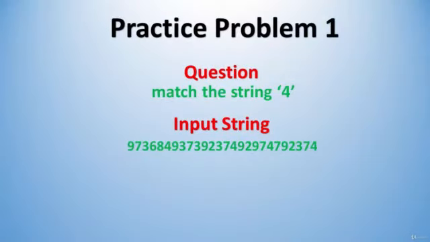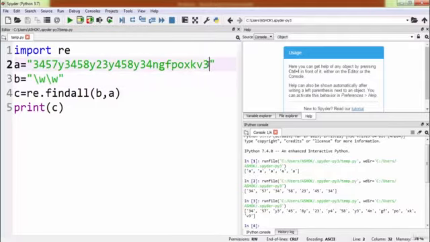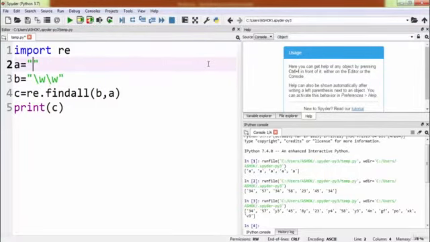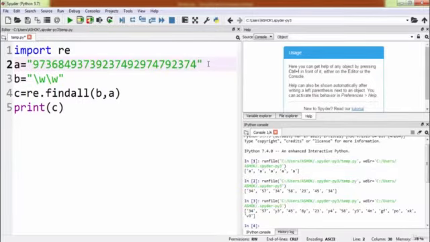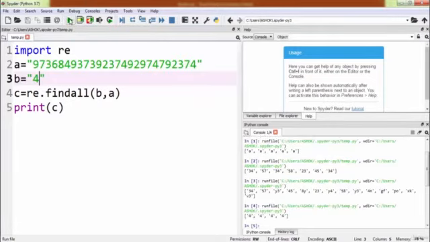So the first question is we must match the string 4 in the input. So first let me copy the input and place it in the input A. And since we have to match the character 4, the pattern will be 4. So when you run, you can find all the 4s present in the input string.